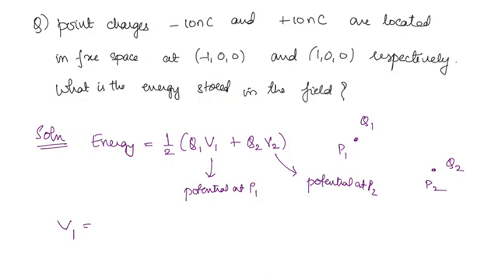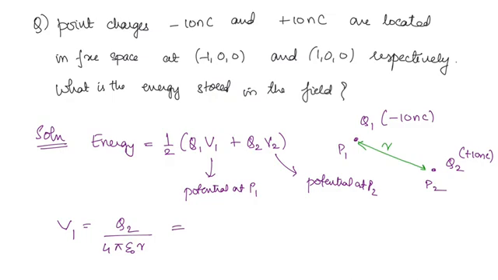So V1 is Q2 by 4 pi epsilon into R, right? So R is the distance between these 2 points. Okay, so we know Q2 is, so if you take Q1 as minus 10 nanocoulomb and Q2 as plus 10 nanocoulomb.